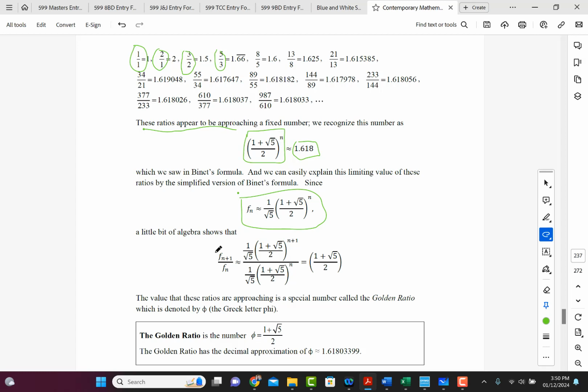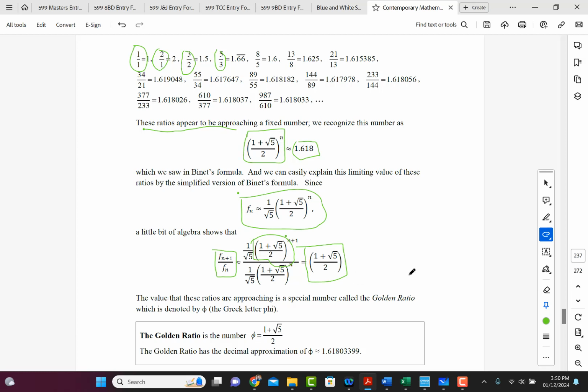So we take the ratio of any two consecutive Fibonacci numbers, f sub n plus 1 divided by f sub n. And then we simplify it using algebra. What happens is we get one of these out. And so we get this. Okay?